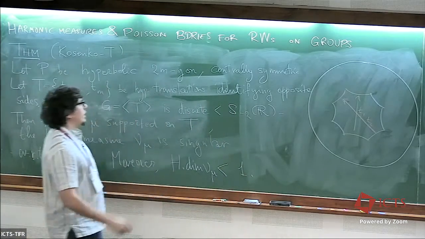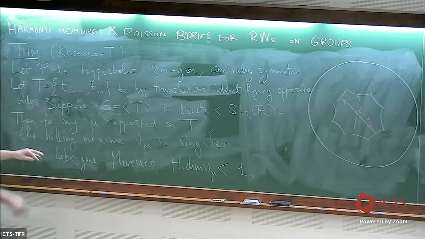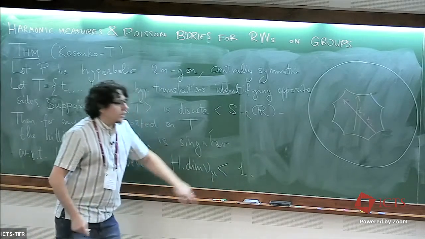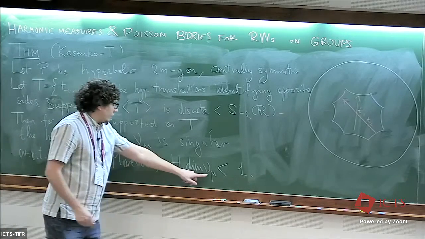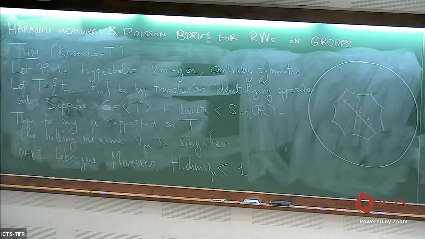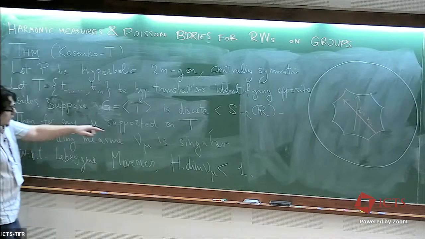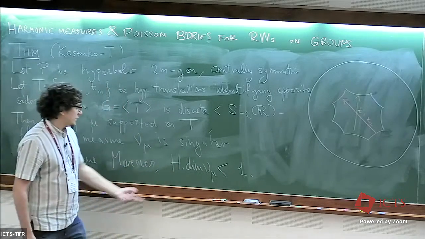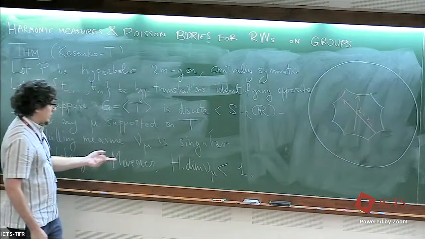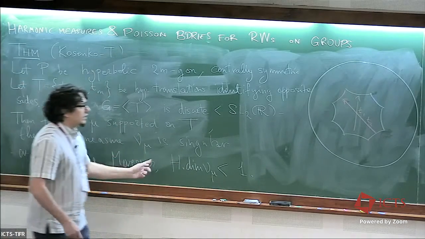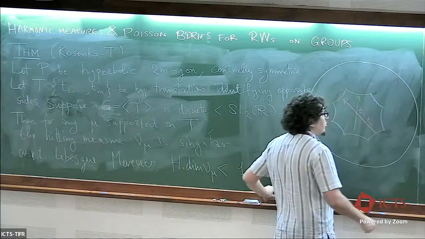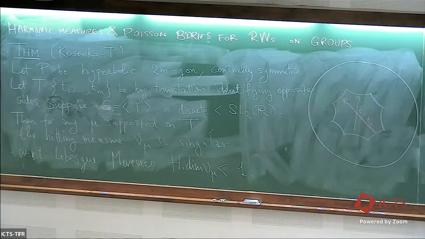So again, the topological dimension of the boundary is 1, but the dimension of the measure that is stationary for this walk is strictly less. Of course, this claim implies the previous one, and in fact, it turns out that they are equivalent by previous work. So in some sense, it's just as hard to prove one as the other.